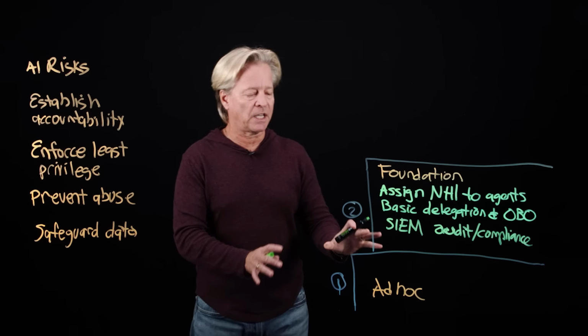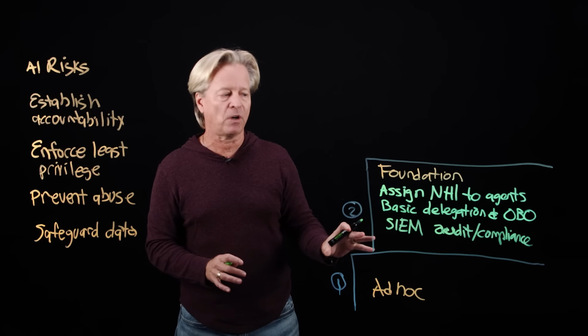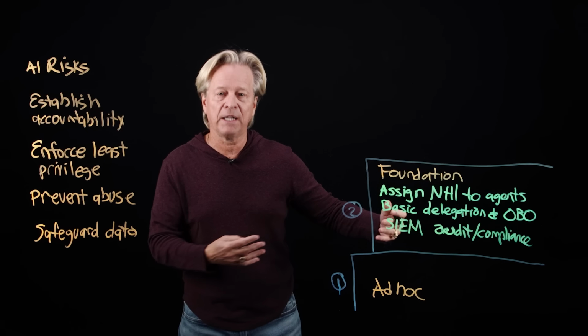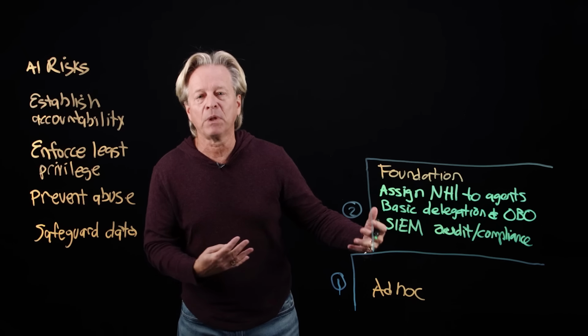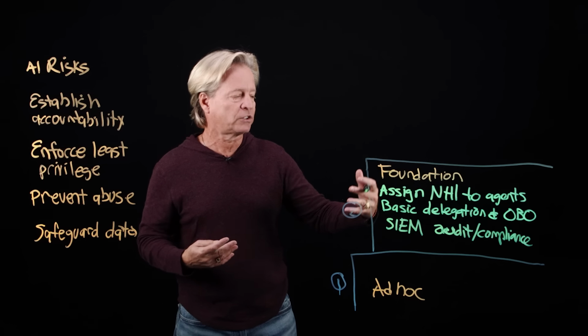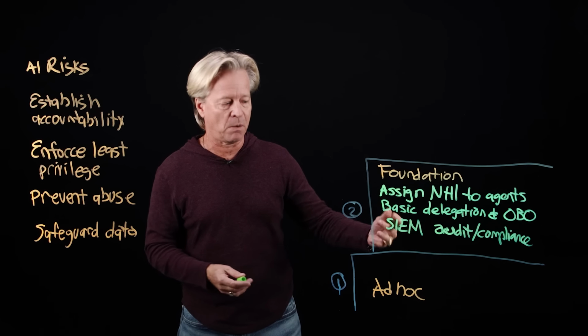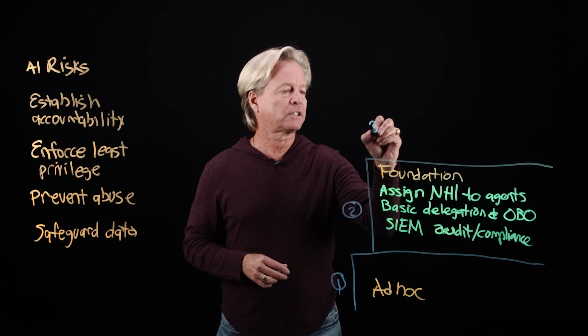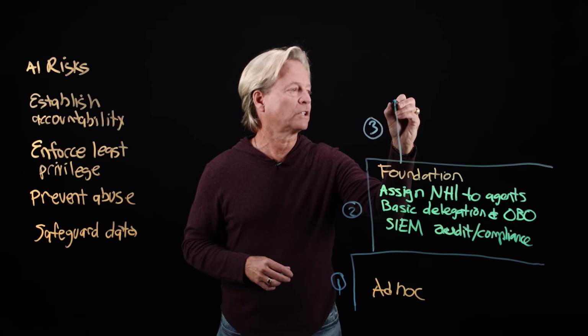So this basically says that in this next step of maturity, we understand who the agent is, we are delegating the rights along the flows, and we have some level of logging and tracking so we have auditability and compliance here.